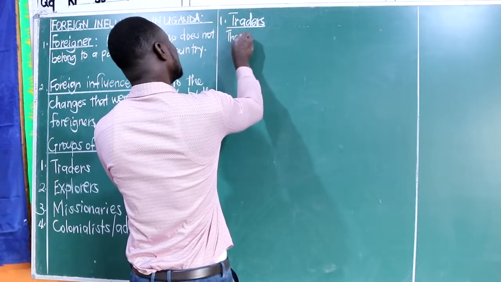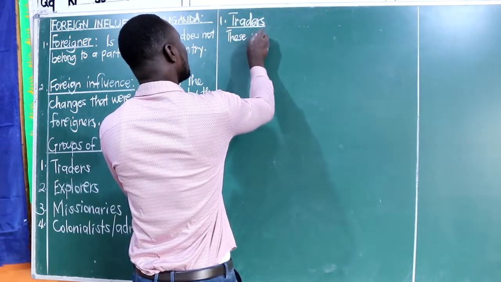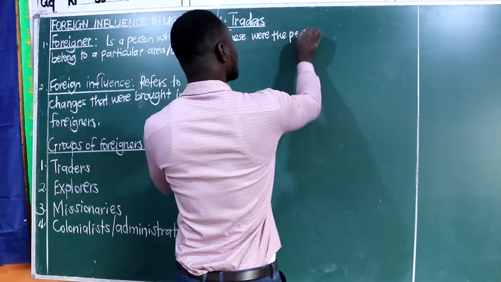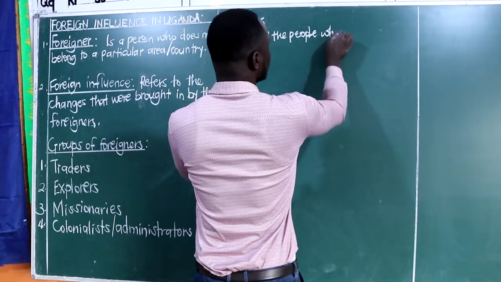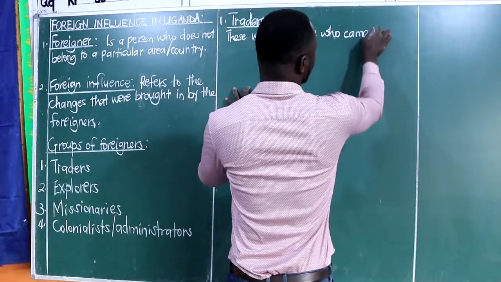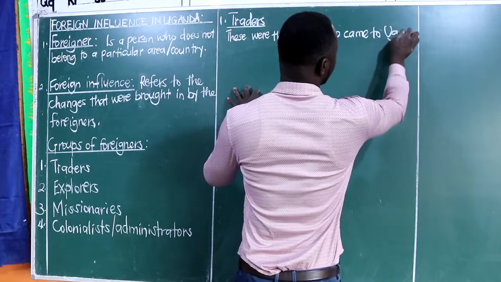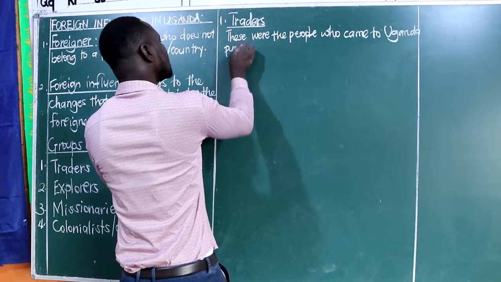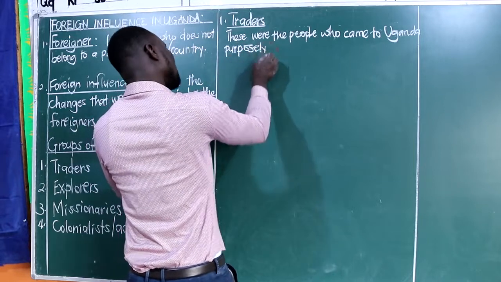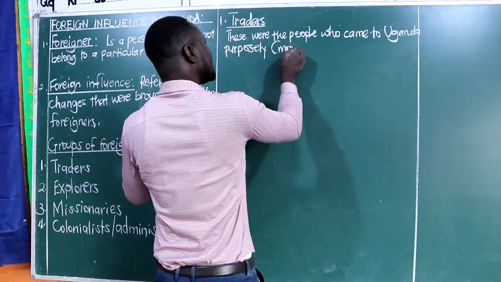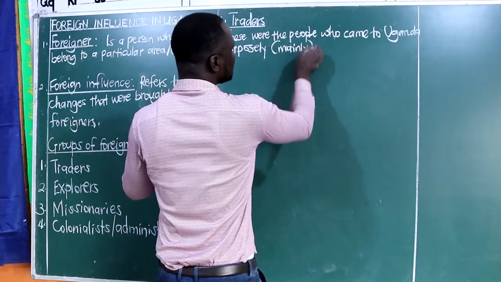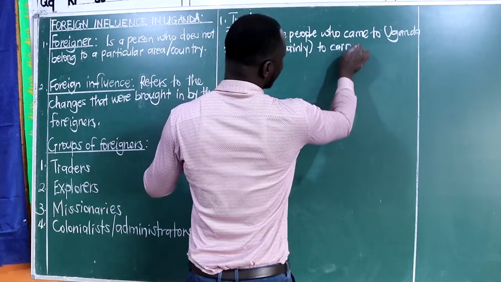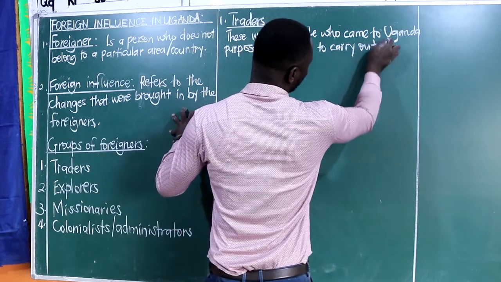So we can say these were the people who came to Uganda mainly to carry out trade.